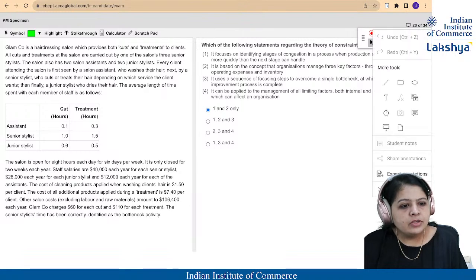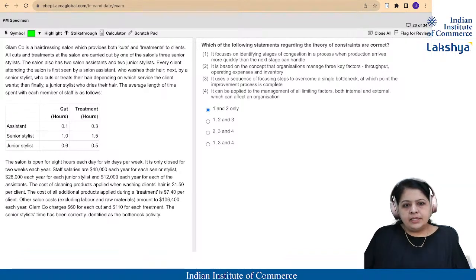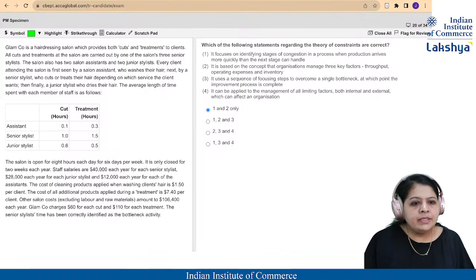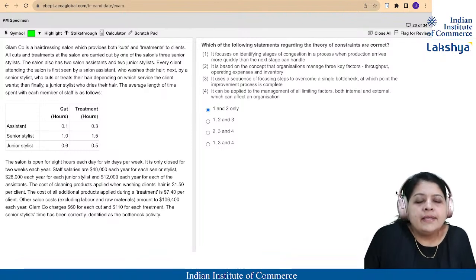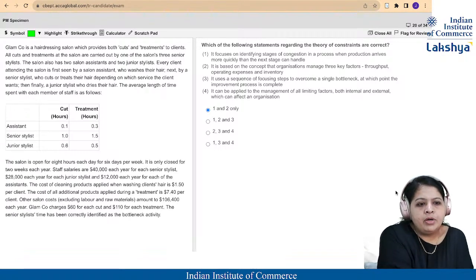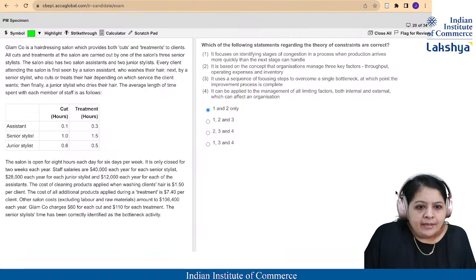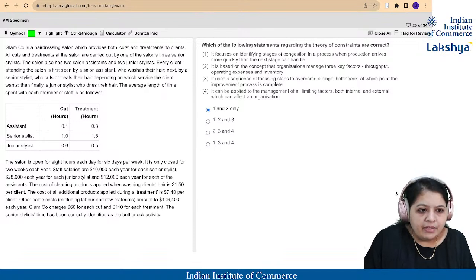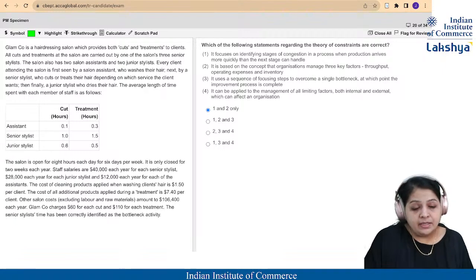The question is based on theory of constraints. It says which of the following statements regarding the theory of constraints are correct. It focuses on identifying the stages of congestion in a process when production arrives more quickly than the next stage can handle. It is based on the concepts that an organization manages three key factors: throughput, operating expense, and inventory.